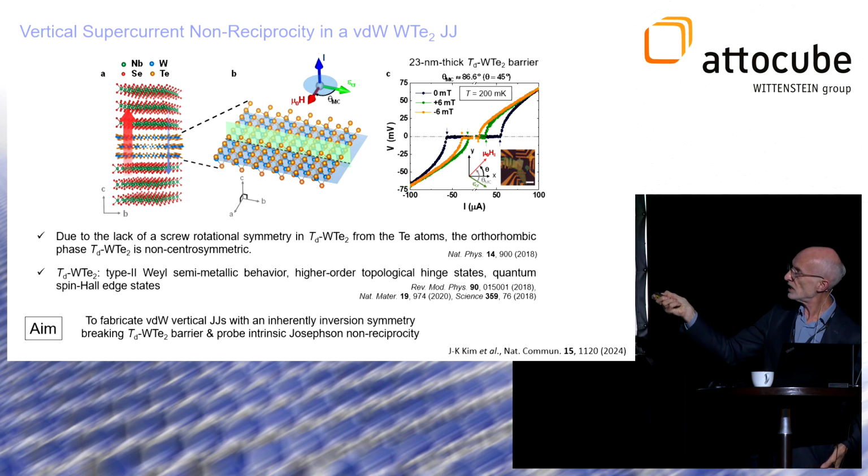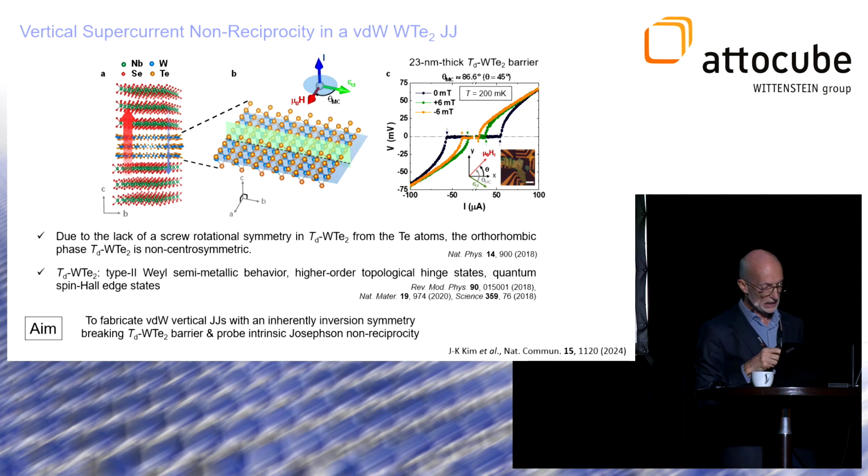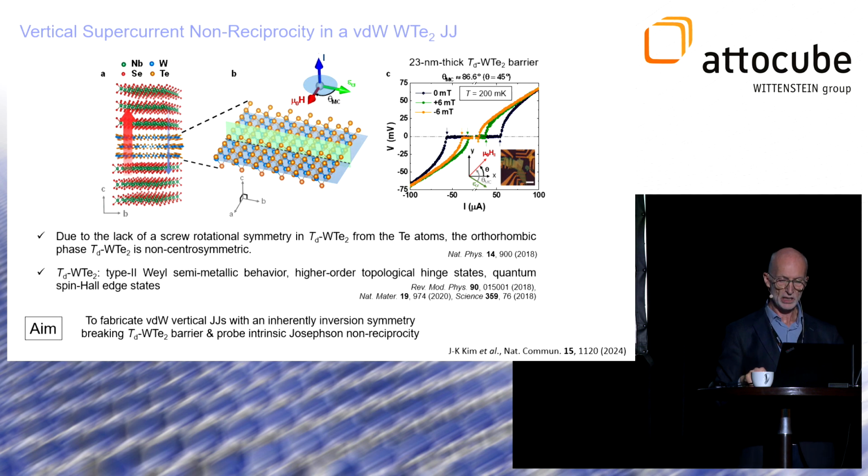Now we apply a magnetic field in the plane of the tungsten ditelluride, always perpendicular to the supercurrent that flows in this vertical direction, and what we find is we only see this diode effect when the field is along a particular orientation perpendicular to this mirror plane. And so it proves that the effect is intrinsic.